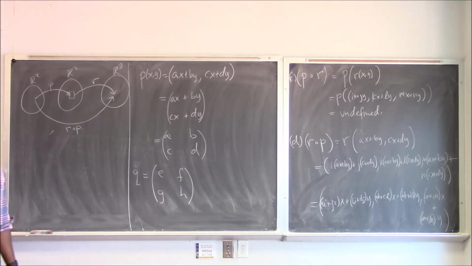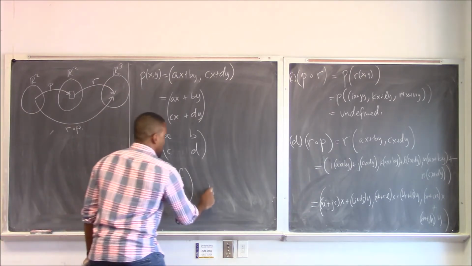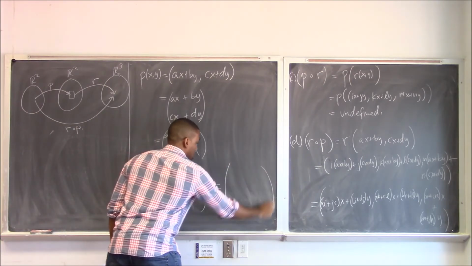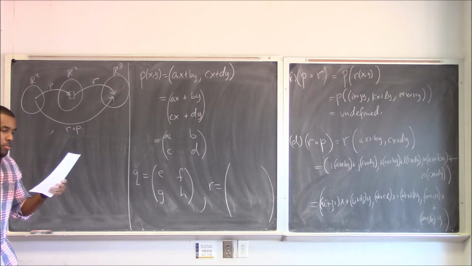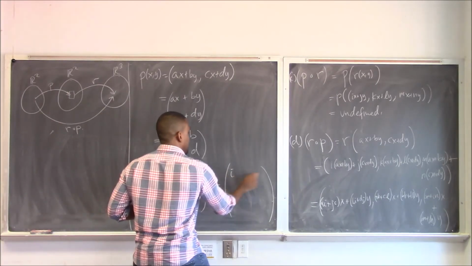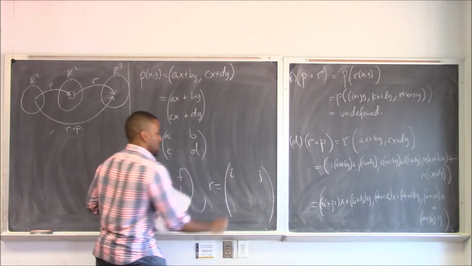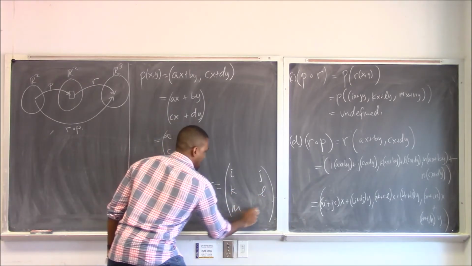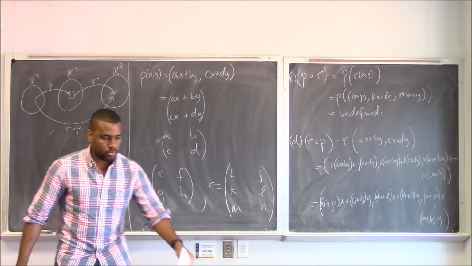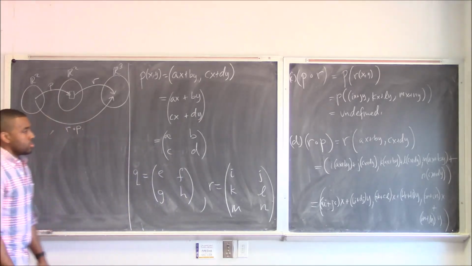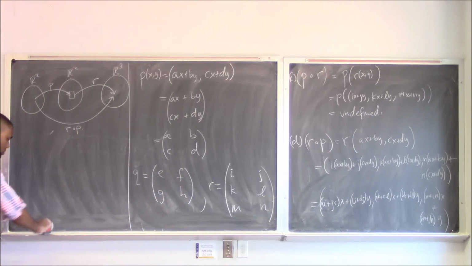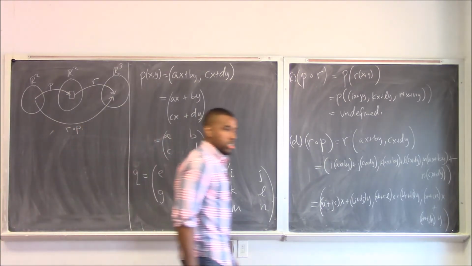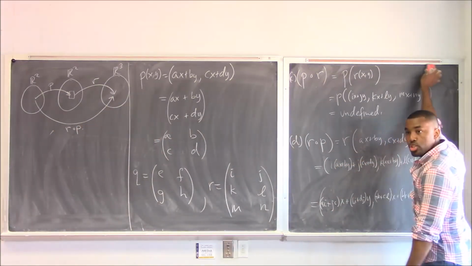Also, I could rewrite my r function, where the first coordinate was i, j, k, l, m, n. Let's go over the operations we just did and rewrite them in this new notation.